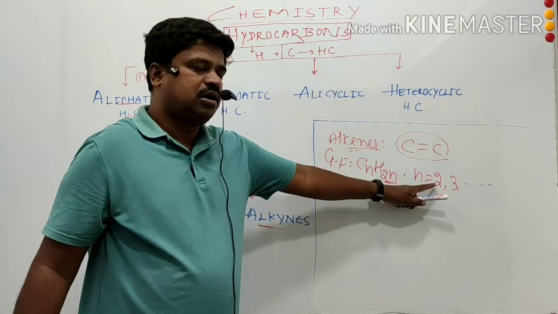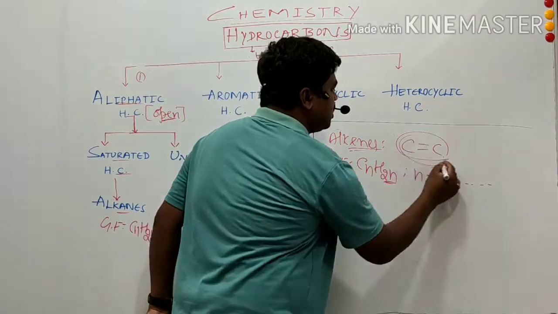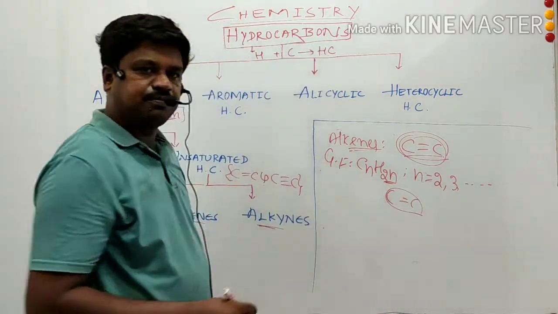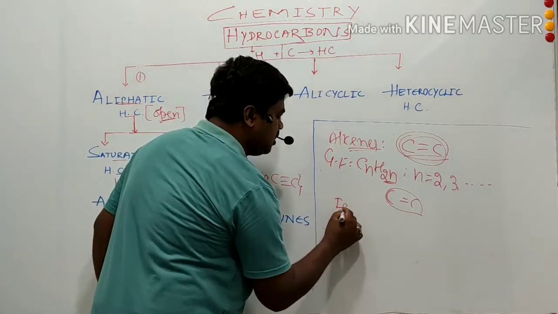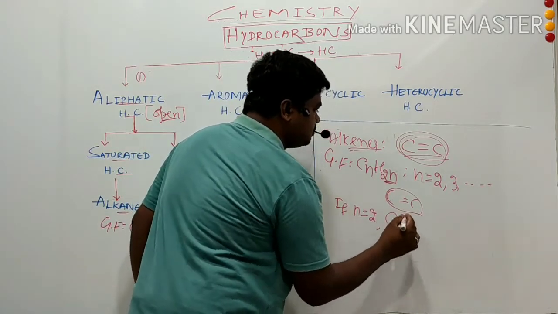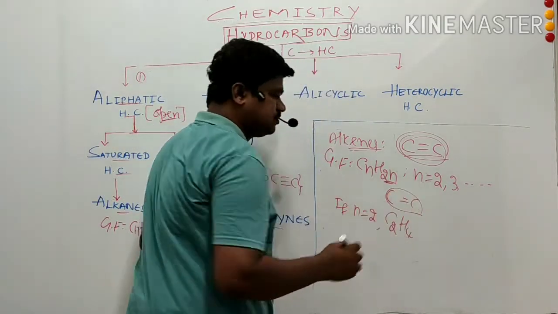The starting value is 2 onwards, because to have a double bond there must be 2 carbon atoms. If I give n value 2, you get the formula C2H4.